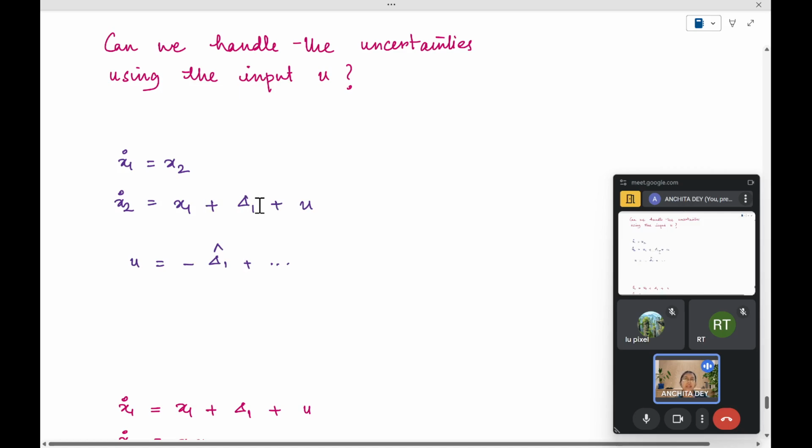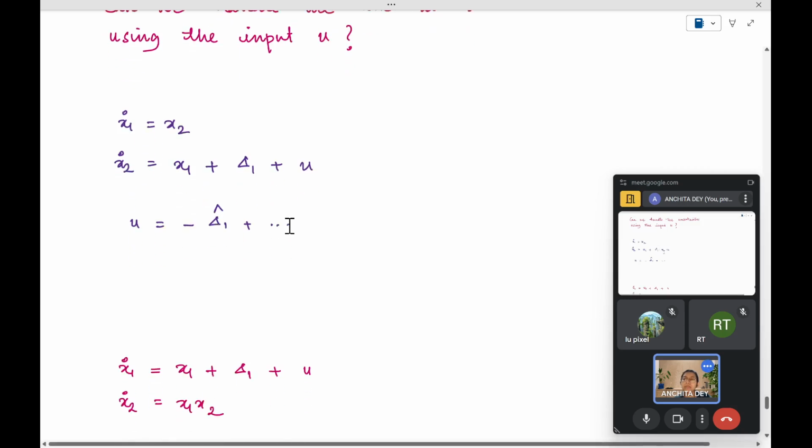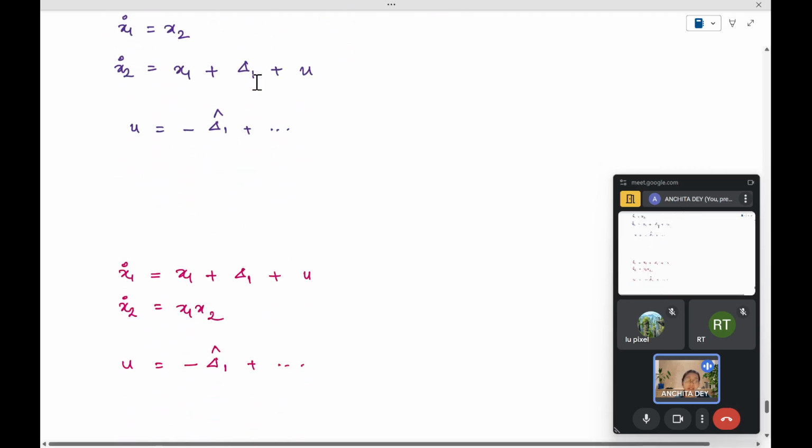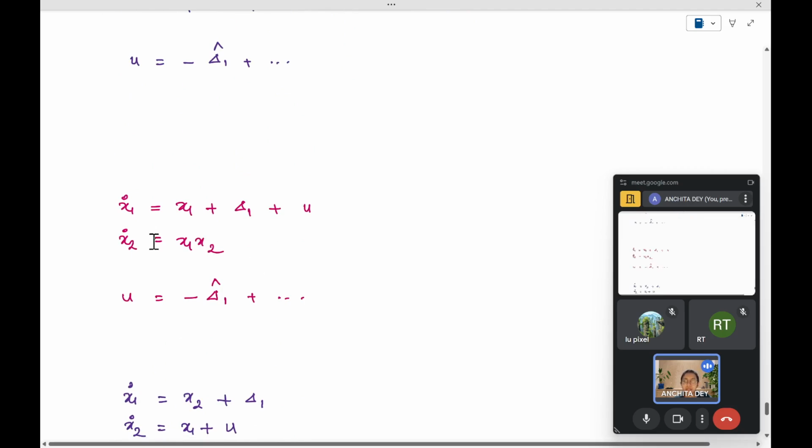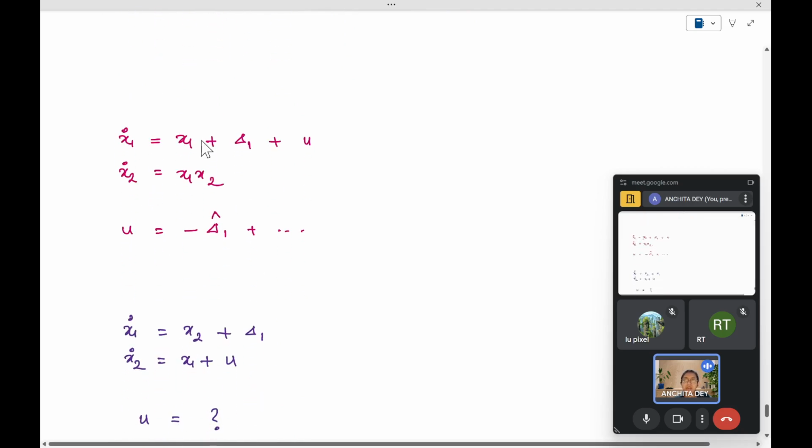It's like you will have something like delta 1 tilde, and you can have a suitable adaptation law for it, which can try and negate the effect of delta 1 overall. So this is a matched uncertainty example. What about the next one? We have x1 dot is equal to x1 plus delta 1 plus u, and then x2 dot is equal to x1 x2.